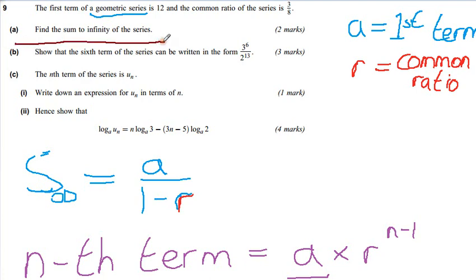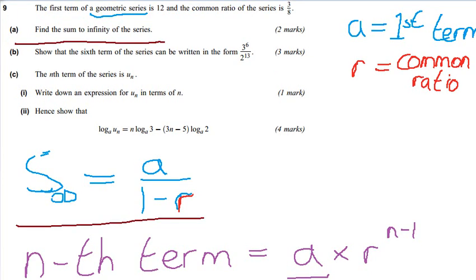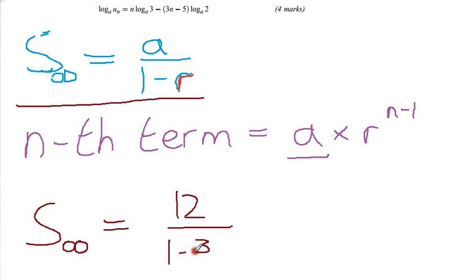Find the sum to infinity. Isn't it convenient that I wrote that down there? So what do we have? Well, the first term is 12. The common ratio is 3 over 8. So the sum to infinity is going to be 12 over 1 minus 3 over 8.